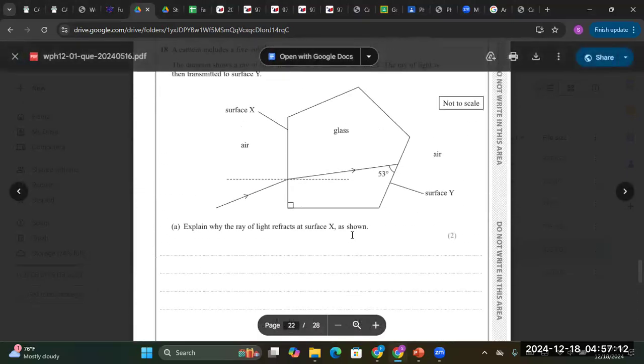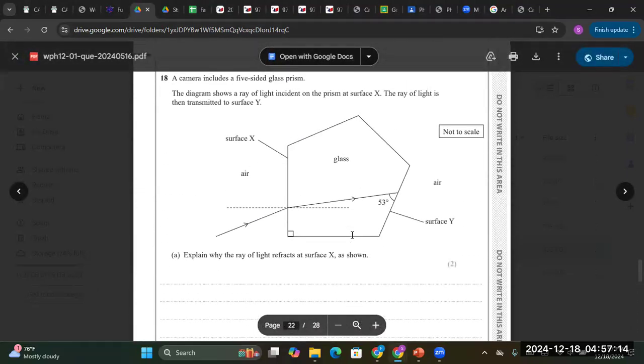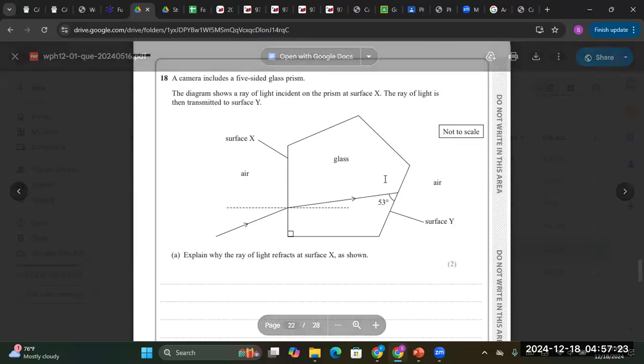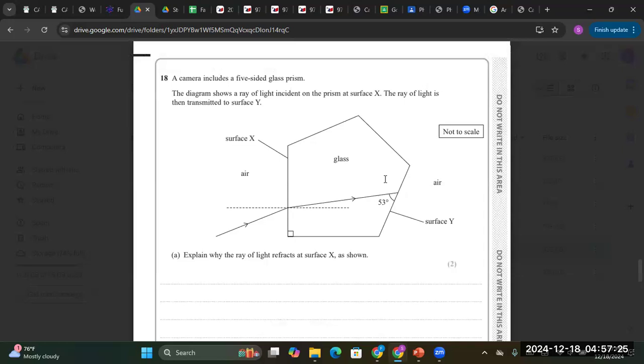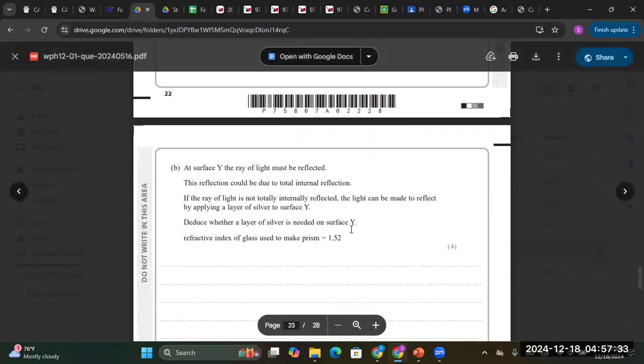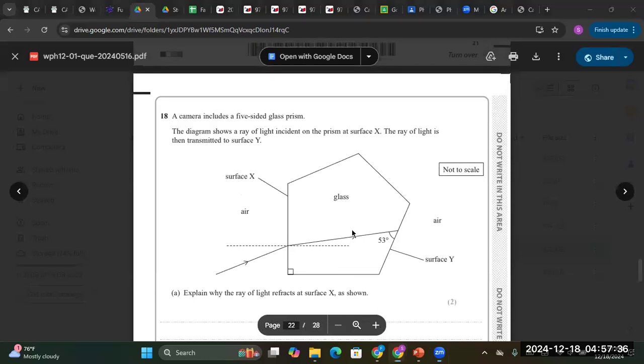So you have to figure out basically over here whether the total internal reflection is going to happen in the prism or not. If the total internal reflection will happen, then we don't need to use any silver. If it will not happen, then silver will be required. So you have been given the refractive index of glass. What is the information you have?